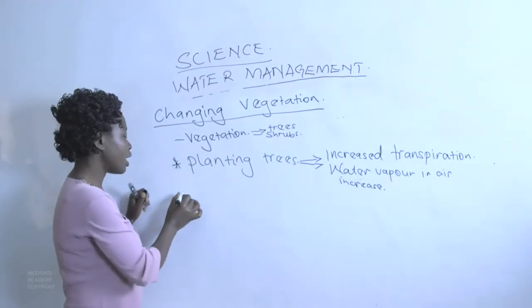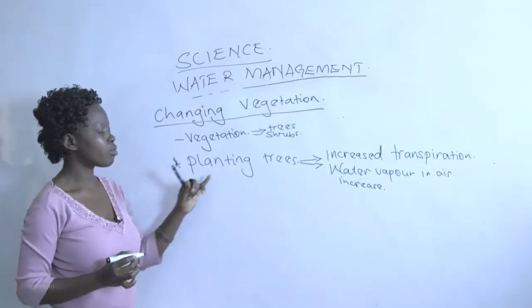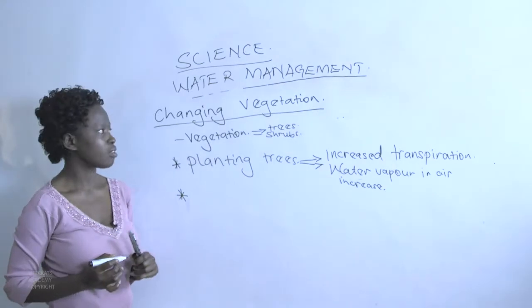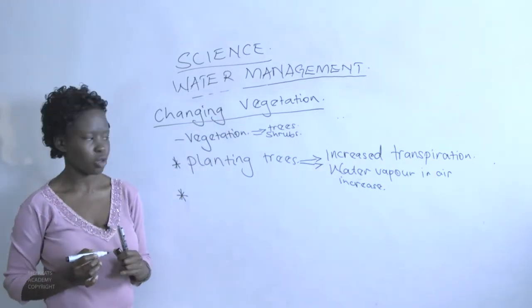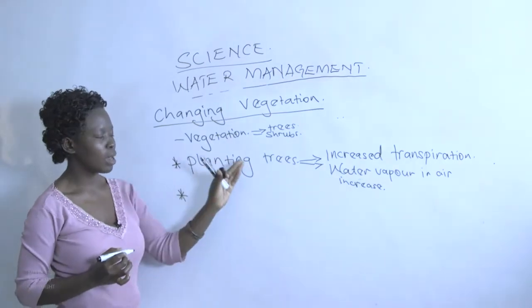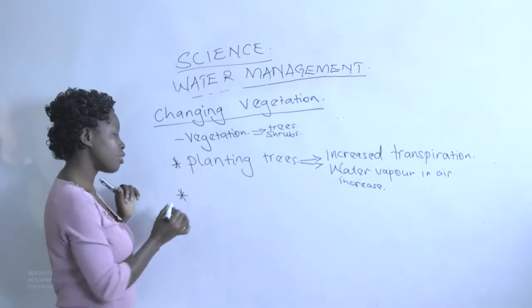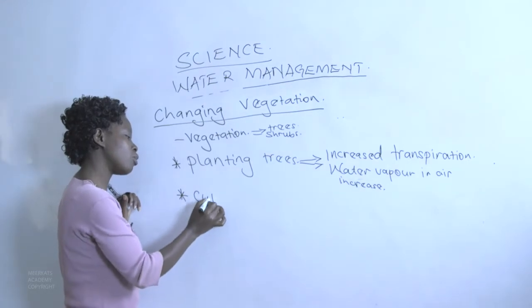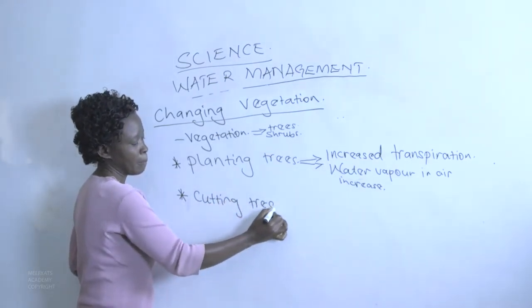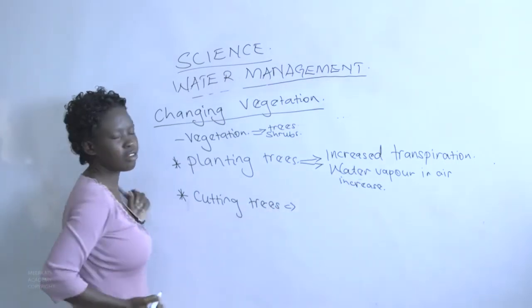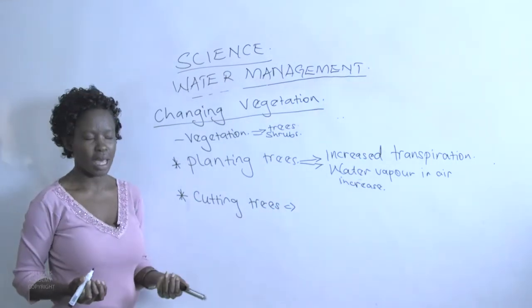Alternatively, instead of this person deciding to plant trees, remember we are talking about changing the vegetation of that given region. So a person might decide to plant trees, or alternatively, this person can decide to cut down the trees. If trees are cut down, what will happen?